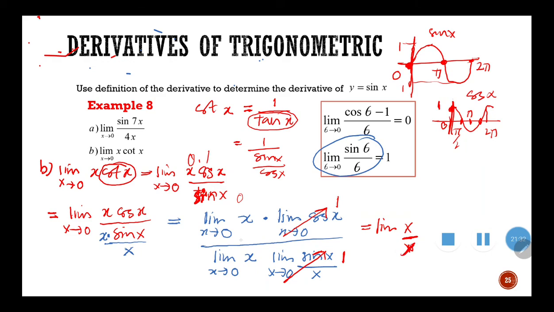Earlier I split it, right? Actually there's no need to split, it's easier for you to see. So this is actually the limit of x over x as x approaching 0. So x over x is equal to 1. So the limit of 1 as x approaching 0 is 1. Alright, so this is the answer. We didn't get a chance to use this theorem or this formula, but it's fine. I think you're going to see this in your assignment questions later, the assignment for chapter 3. Alright, so that's all.